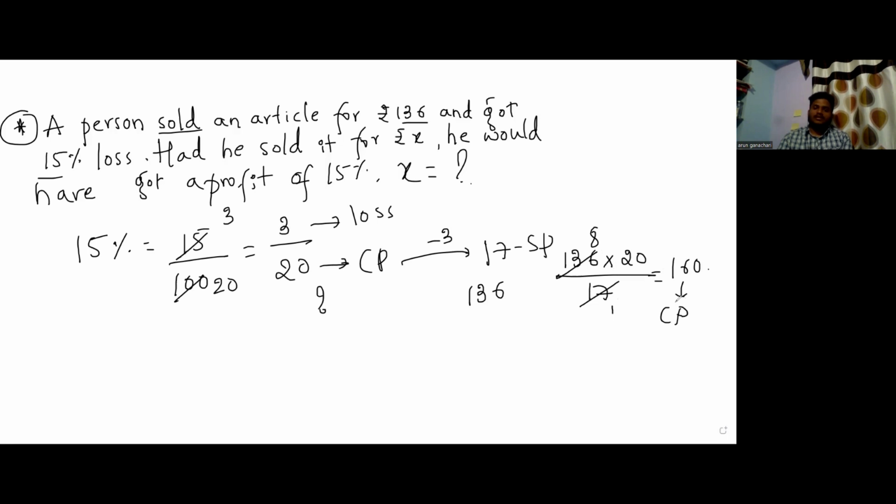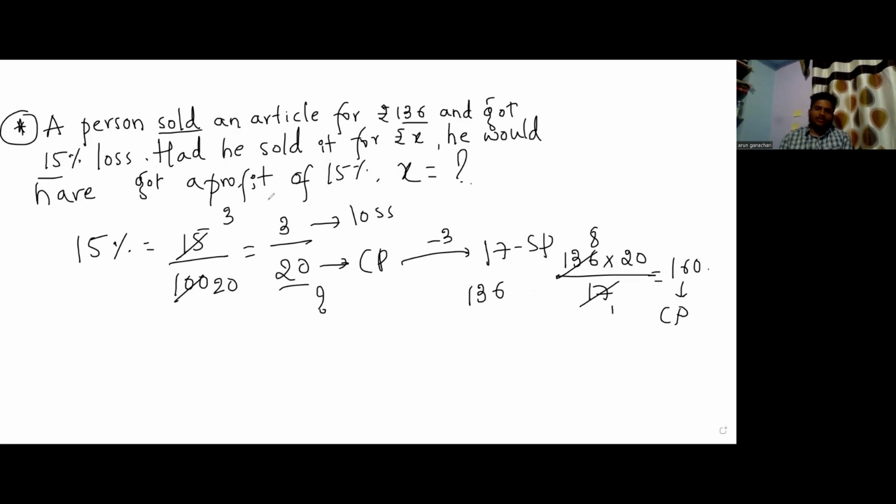So 17 will be the cost price or selling price? Selling price. Always remember the denominator is always cost price. So 20 is cost price; we are subtracting, 20 minus 3, and 17 is your selling price. Cost price will become 160.